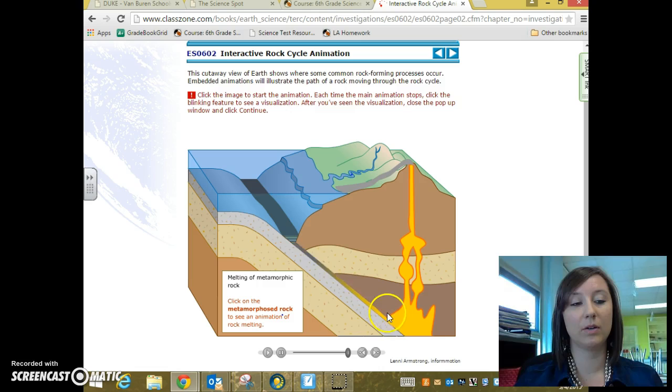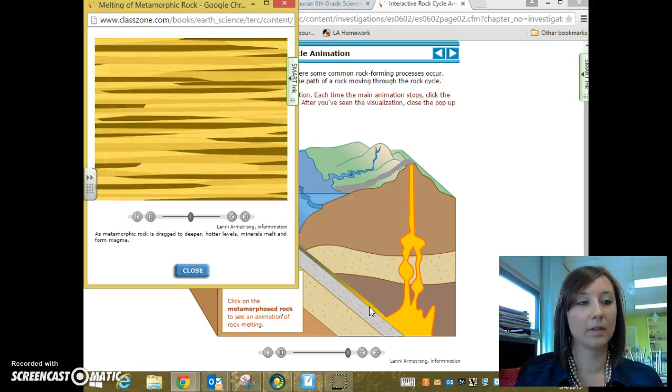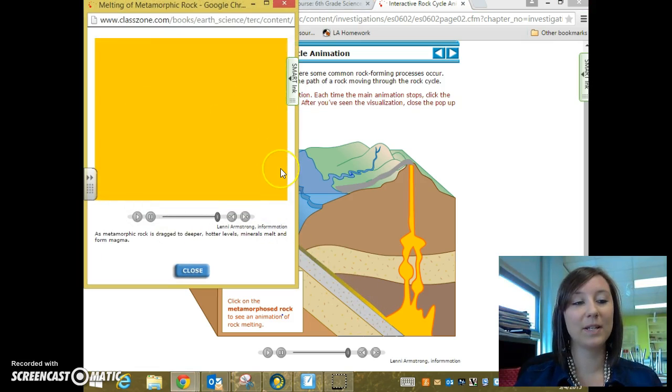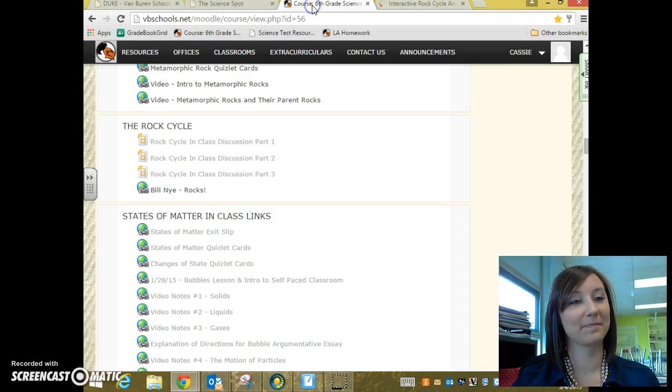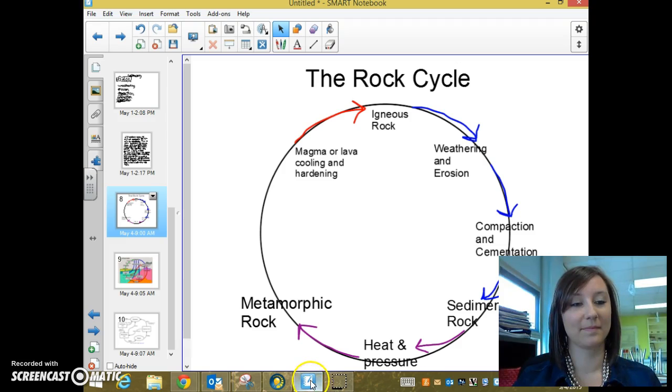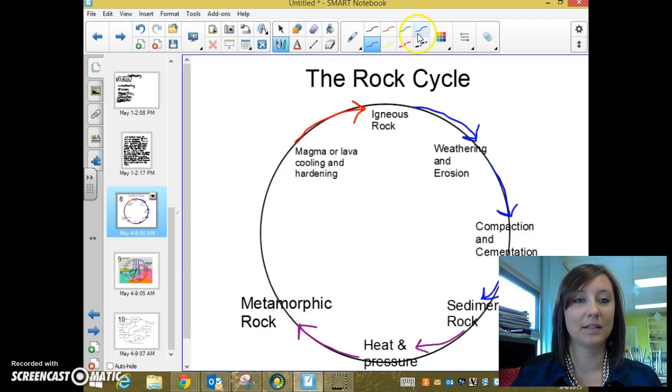And then they're going to show if we go closer and closer to that heat, we're adding more heat to it. And eventually what's going to happen is we go deeper and go to hotter levels, the minerals in that rock actually start to do what? Well, imagine that. They are going to melt. We're back to the red here.